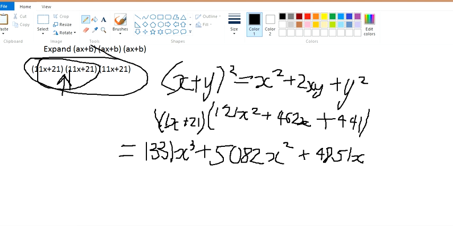Alright, now let's do the same thing with 21 multiplied by all the elements.